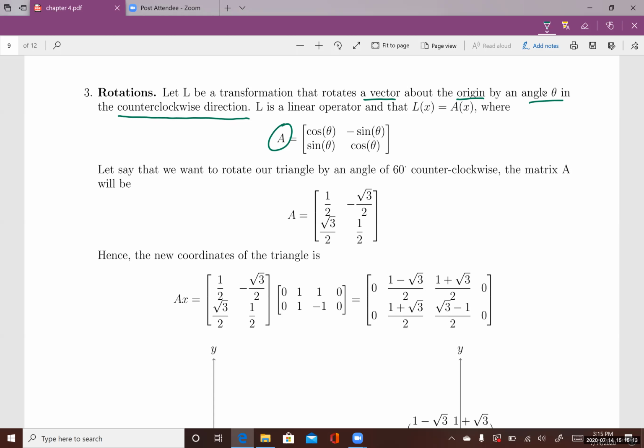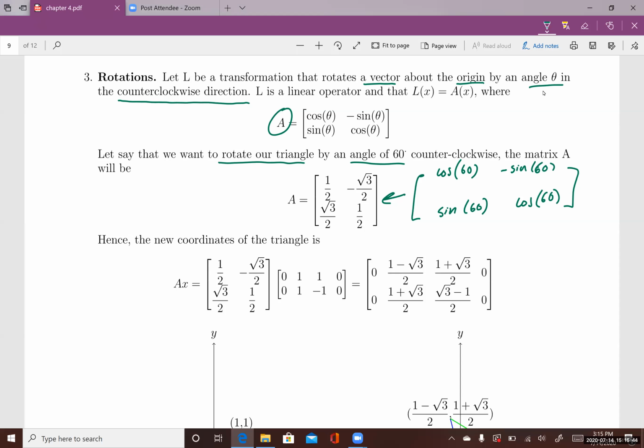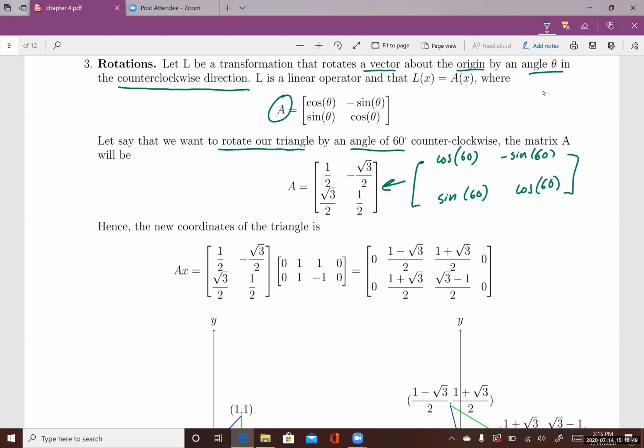Well, let's say that if you want to rotate a triangle by an angle of 60 degrees counterclockwise, the matrix A will be cosine of 60, negative sine of 60, sine of 60, cosine of 60. And this should be your matrix representation for rotations counterclockwise by an angle of 60 degrees.